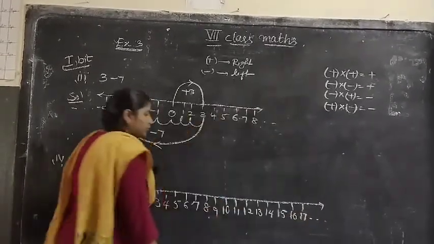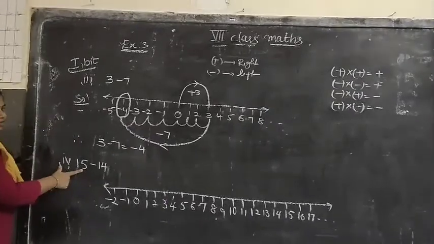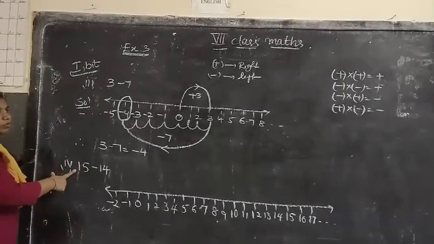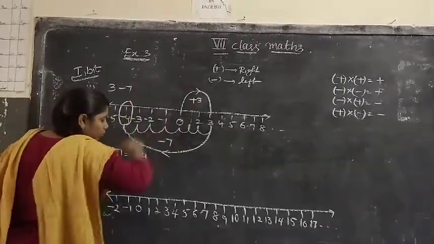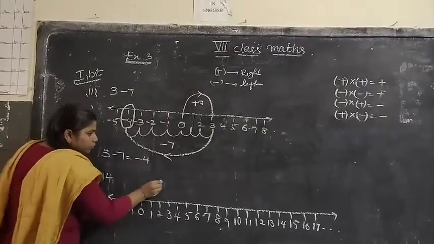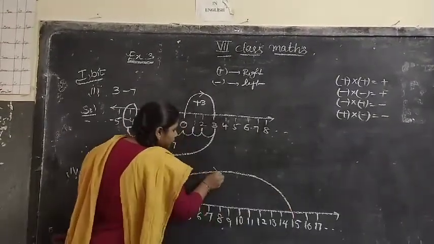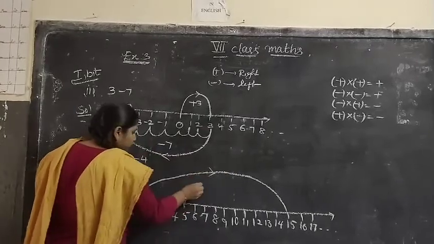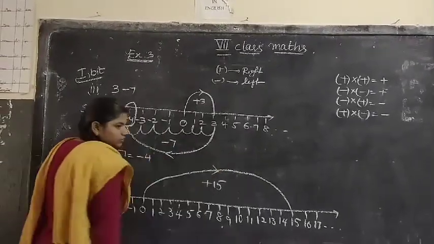And so on. What is the first number here? First integer is 15. 15 is a positive number. If it is positive, we have to move to the right side. So 0 to 15. Which side have we moved? Right side. So that is plus 15.